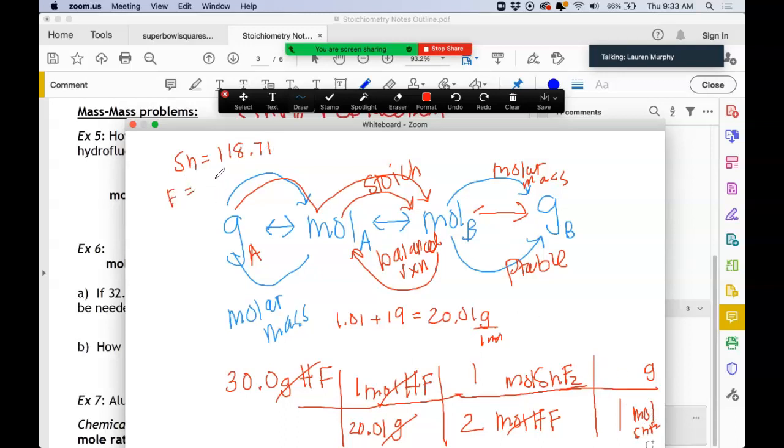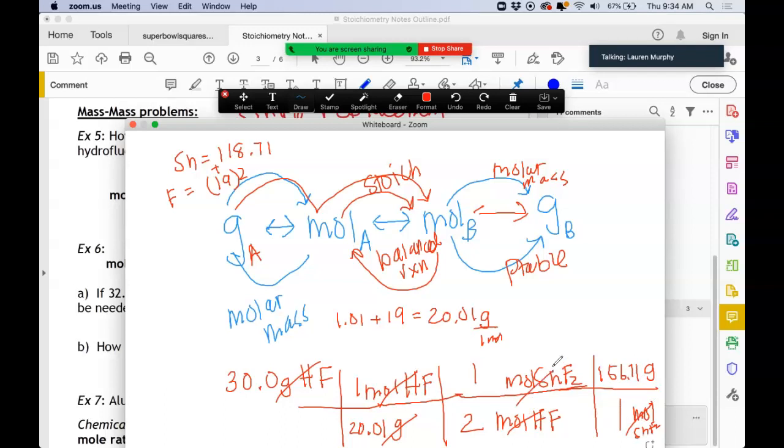Fluorine is 19, but there's 2 of them. Add them together. 156.71.